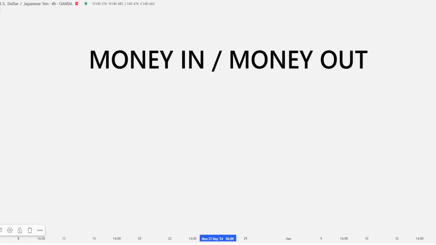As I stated before, the core elements of the money in and money out principle is to follow the big money moves, which a lot of people spend their time trying to capture, but focusing on the tiny little details rather than looking at the very clear and obvious areas that price action is being interacted with within the institutional banking system.